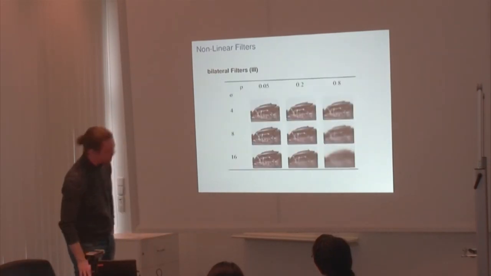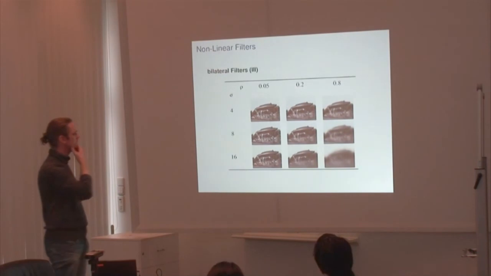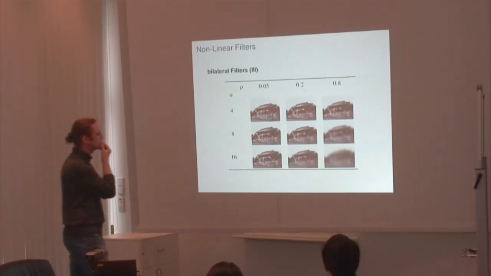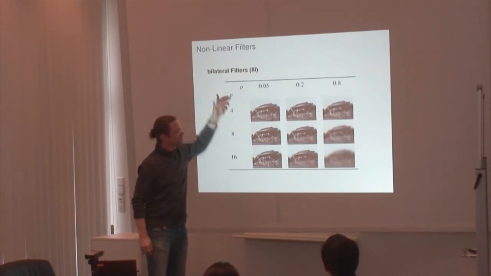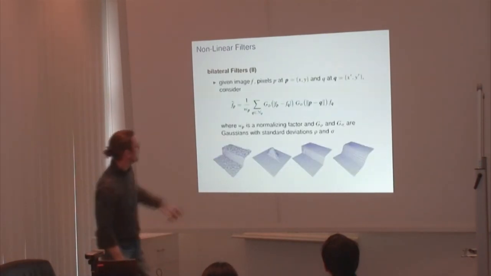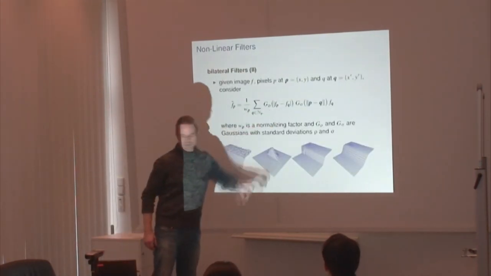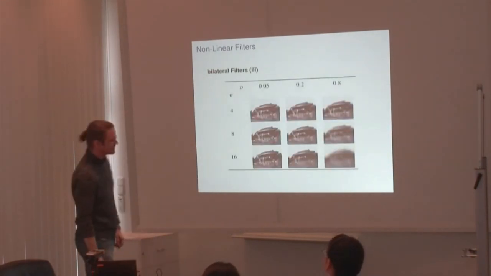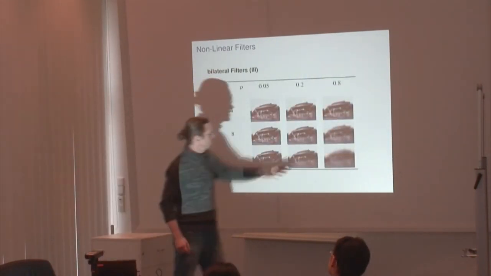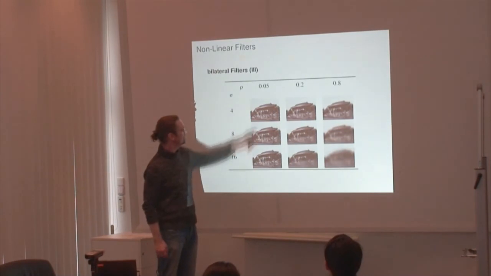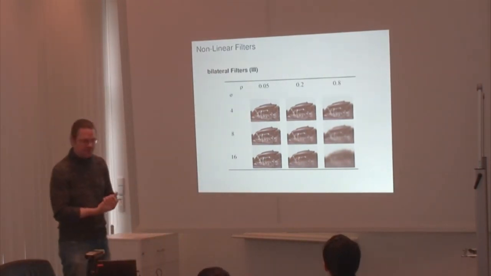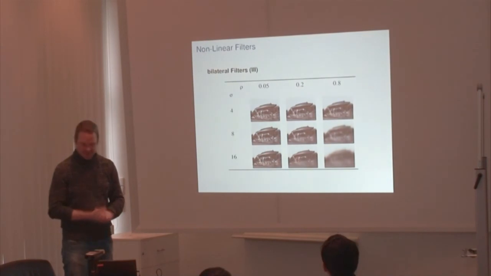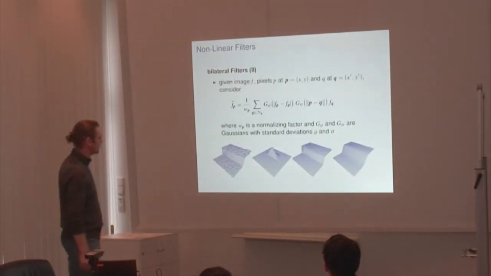Here is an example. This is actually taken from the Tomasi paper, I guess. So depending on how you choose the two parameters of the two Gaussians, rho and sigma, you get different results. If you want to, you can destroy edges. But if you don't want to, you can preserve them. How to choose them? I don't know. Actually, I have to be very honest with you.